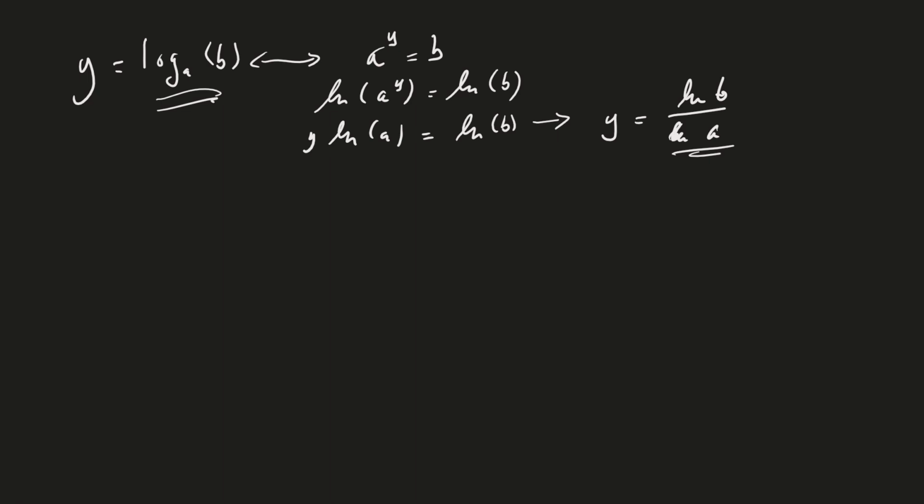So how would we solve for x if we have the natural log of 3x minus 10 is equal to 3?